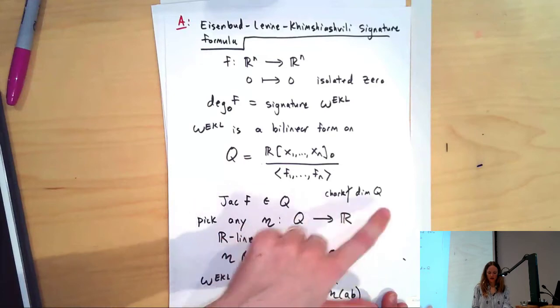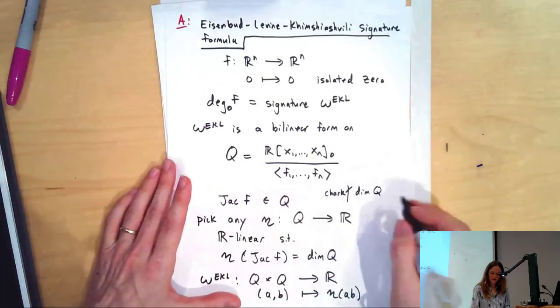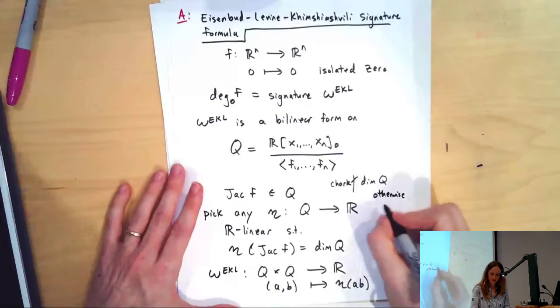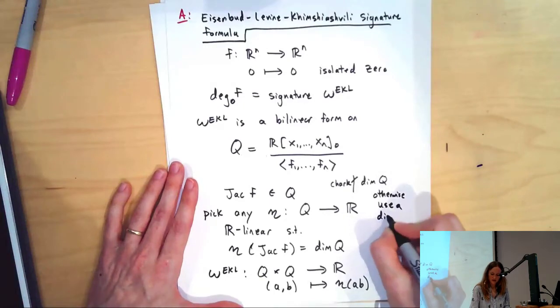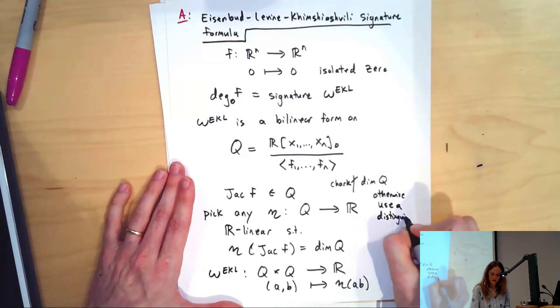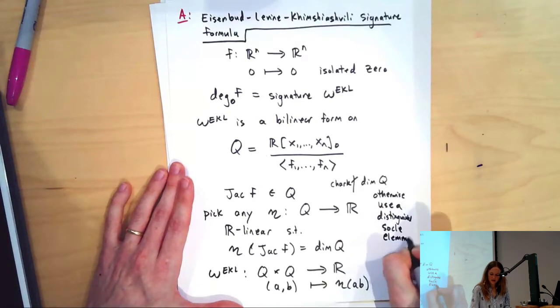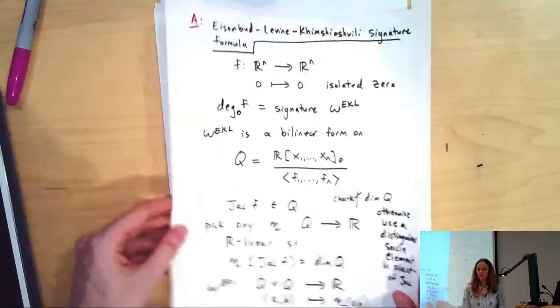And we need this hypothesis now extra. Otherwise, you can use a distinguished Socle element in place of the Jacobian.